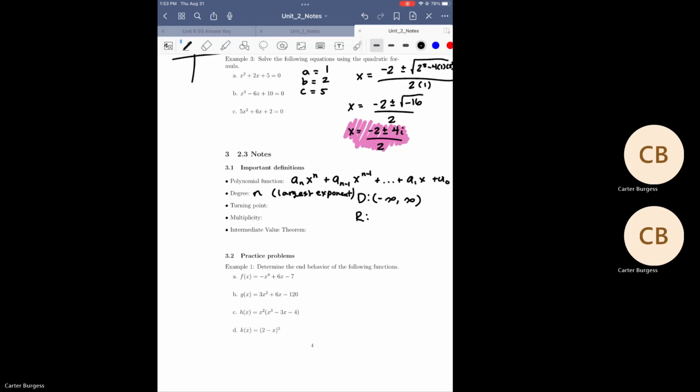So thinking back to our quadratics, that would be a second degree polynomial because the highest power is squared. For a cubic function, it would be a third degree polynomial because the highest power is cubed. Linear function would be a first degree polynomial because the highest power is x to the first.